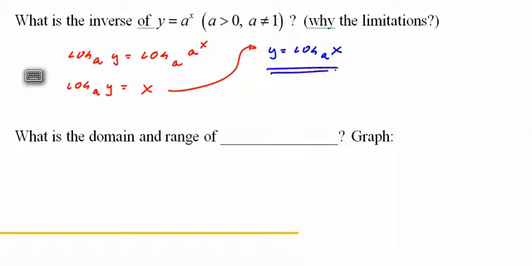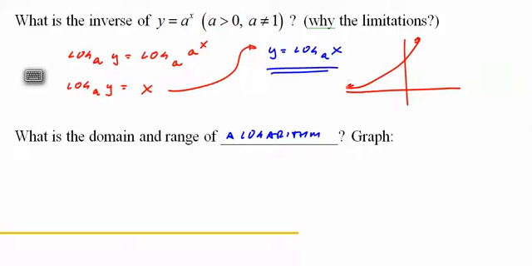So they're inverses. What's the domain and range of a logarithm? Let's look at the exponential function. It does this, at least before it gets shifted, and it hits here at 0, 1.